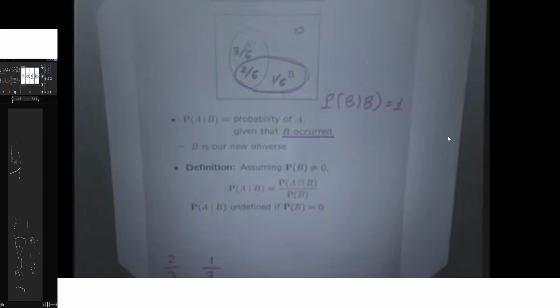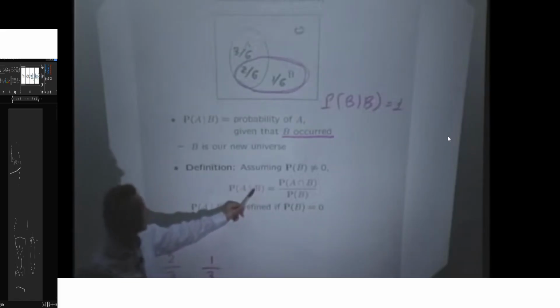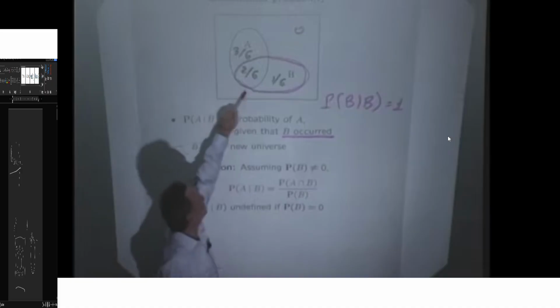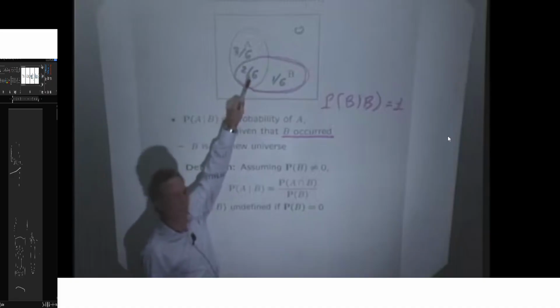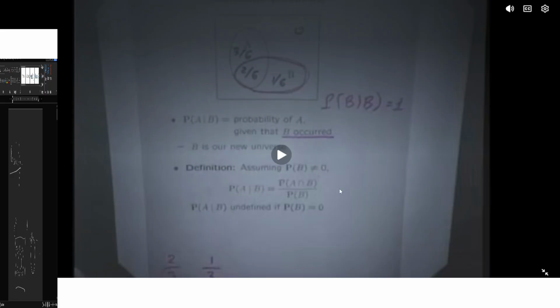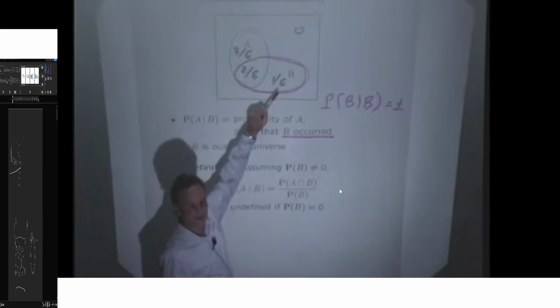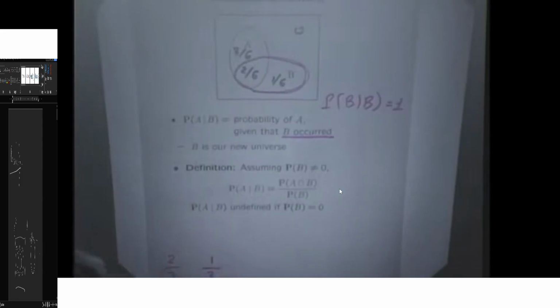Let's translate what we did into a definition. The definition says the following, that the conditional probability of A given that B occurred is calculated as follows. We look at the total probability of B, and out of that probability, what fraction of that probability is assigned to points for which the event A also occurs.